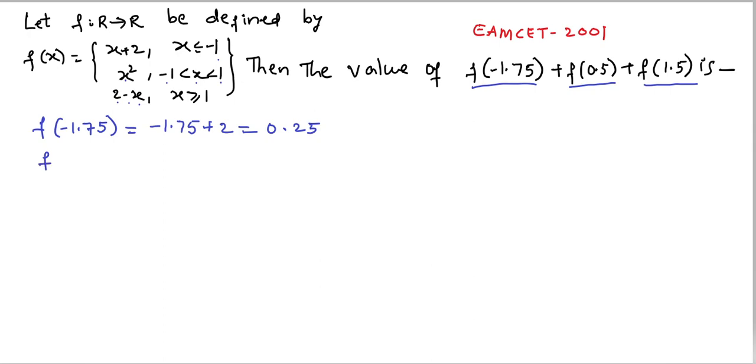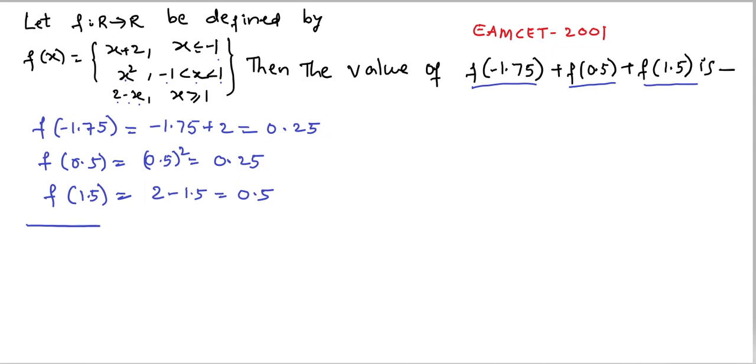And the value of f of 0.5 lies in between minus 1 and 1, so the function is x square, 0.5 whole square, is equal to 0.25. And f of 1.5 lies greater than 1. Given function is 2 minus x, 2 minus 1.5 that is equal to 0.5.